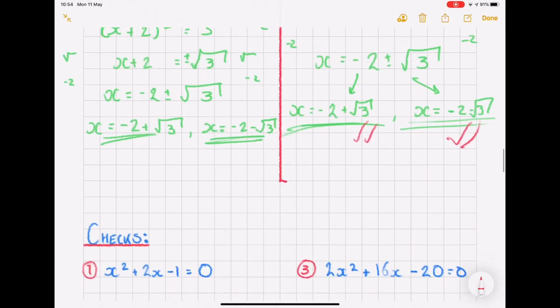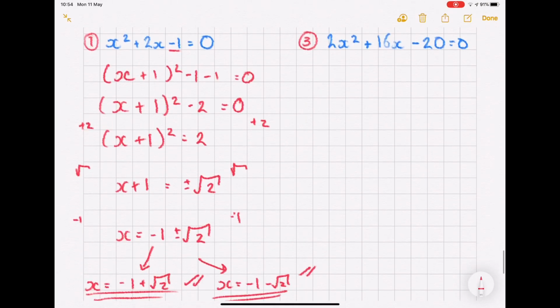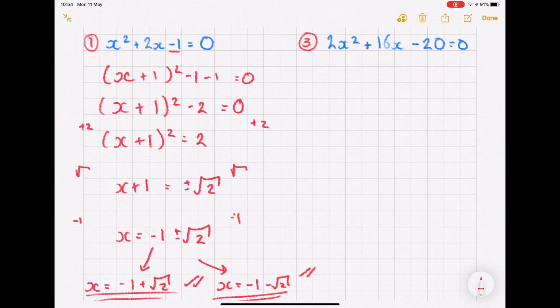Okay, let's have a look at the third example down here. So we have a coefficient in front of this x squared, so we need to factorise that out before we do anything else. So 2 brackets x squared plus 8x minus 10 equals 0. Fantastic. Let's complete the square for the square brackets.